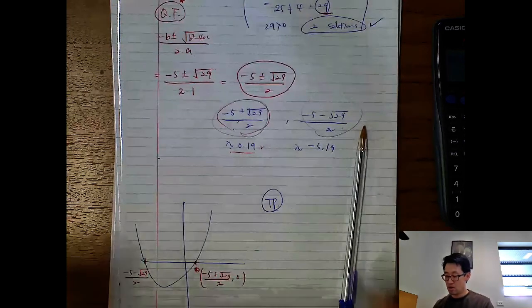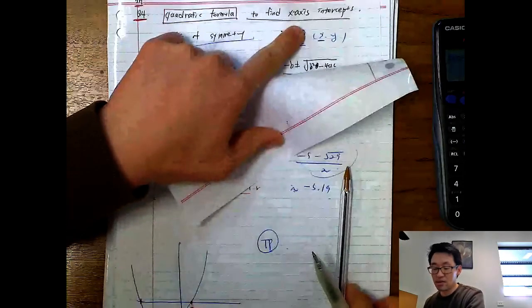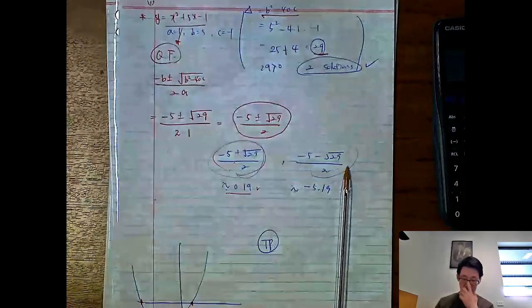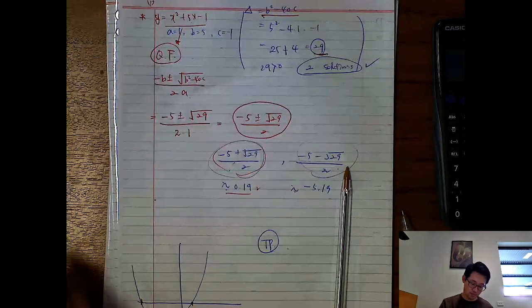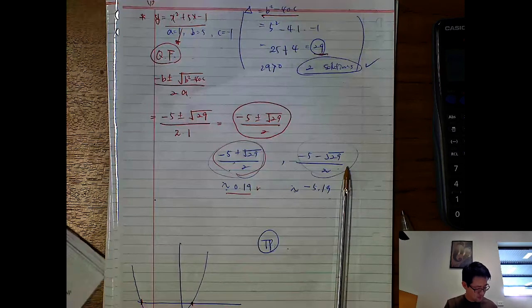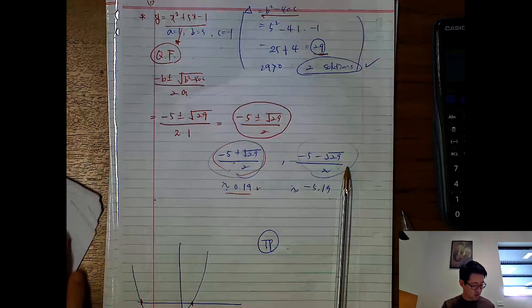But in this case, it sounds like I have to use the x-intercepts. Okay, I think that there was a wording. So let's use that. Going back to your page, hold on. Oh, here.